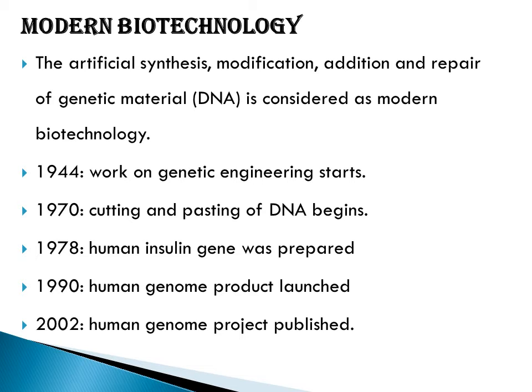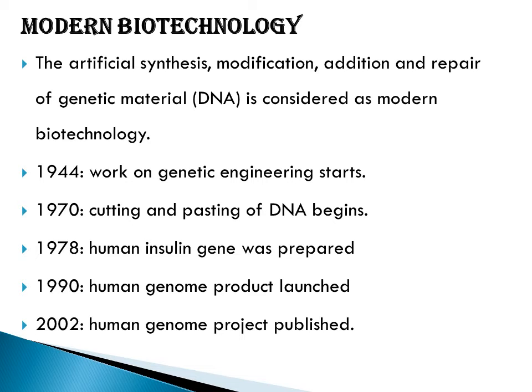In 1944, the proper work on genetic engineering started, when it was proved that the DNA carries all the genetic information of an organism, so the scientists started working on genetic engineering.